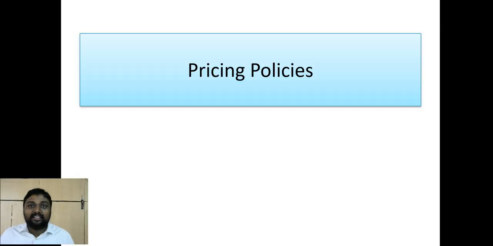We are already in Unit 1 theory, halfway through, and we will continue. For problem purposes we are going with the theory called pricing policies. This theory sometimes comes in the exam as a theory question also. We want to do the problem, and for that purpose we are covering these pricing policies. We'll start.